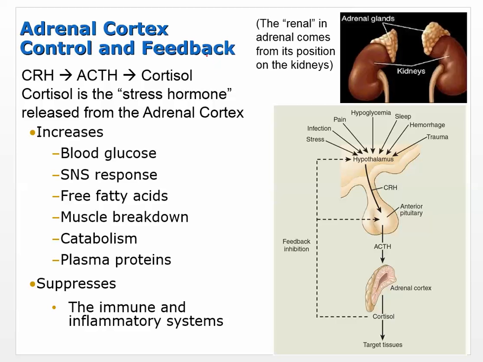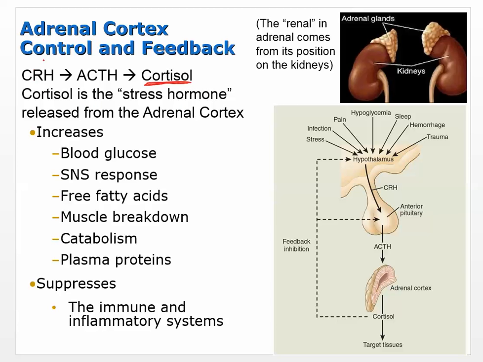So let's talk also about stress hormones. The main stress hormone is cortisol. It's a glucocorticoid, which means that it's made in the adrenal gland, and it affects glucose, ultimately, is one of the things that it affects.